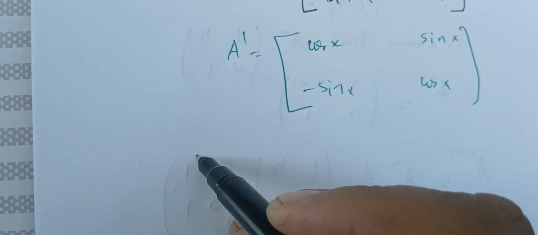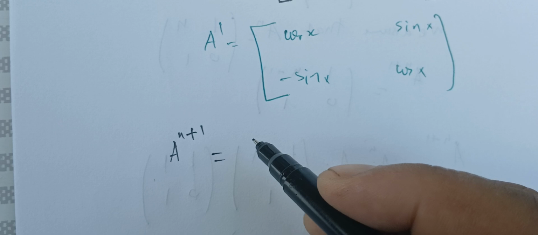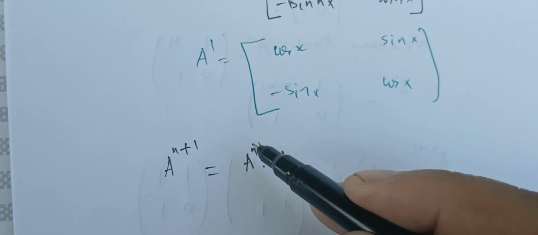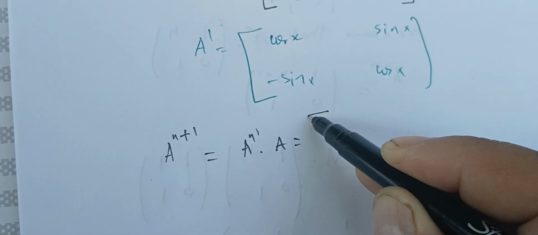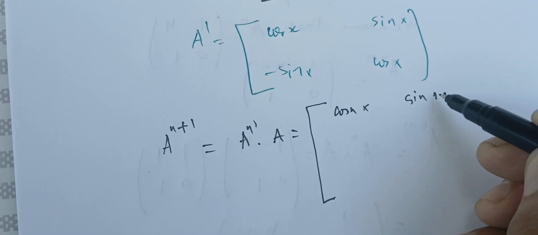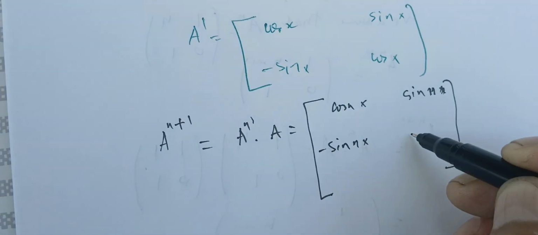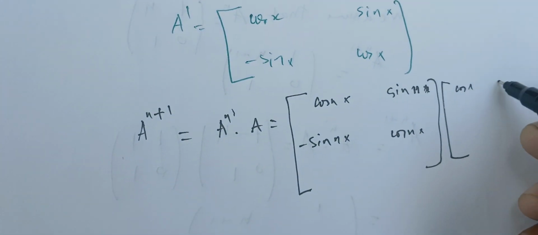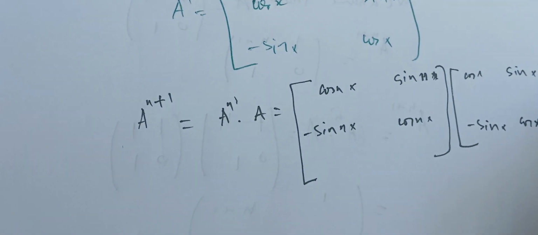Here we have A to the power n plus 1 is A to the power n times A. By the induction hypothesis, we know the formula for A to the power n: cosine nx, sine nx, minus sine nx, cosine nx. And we know A is cosine x, sine x, minus sine x, cosine x.